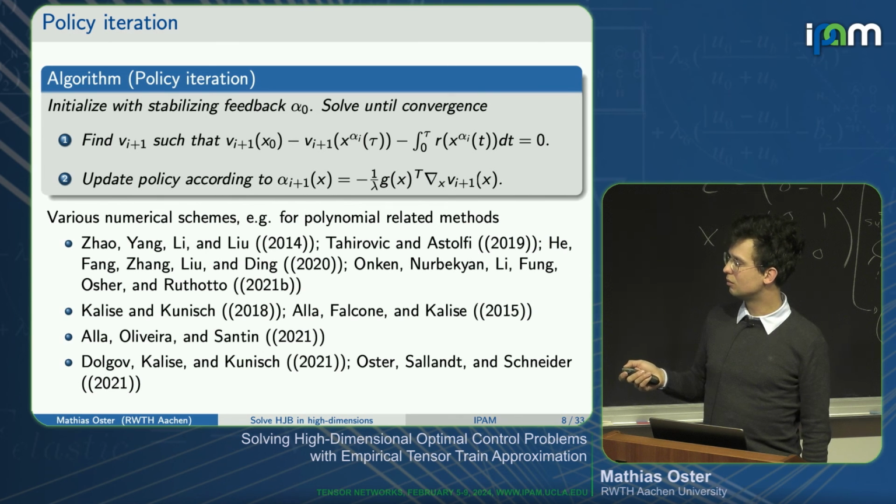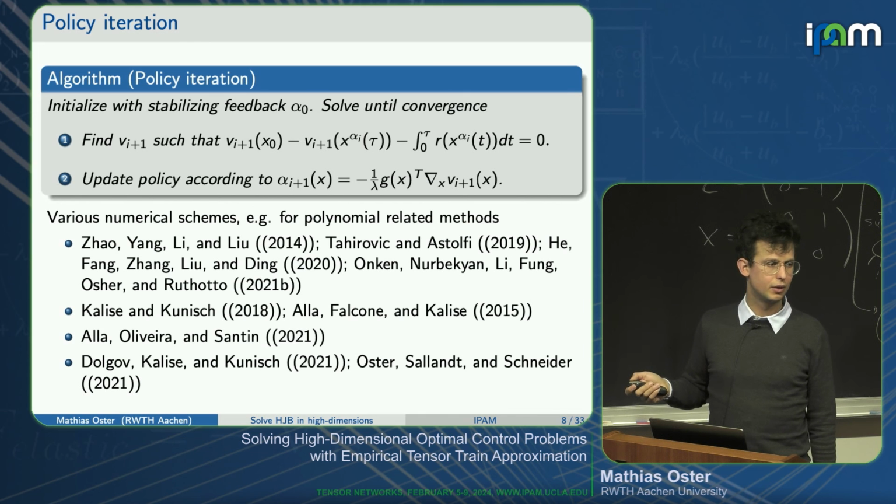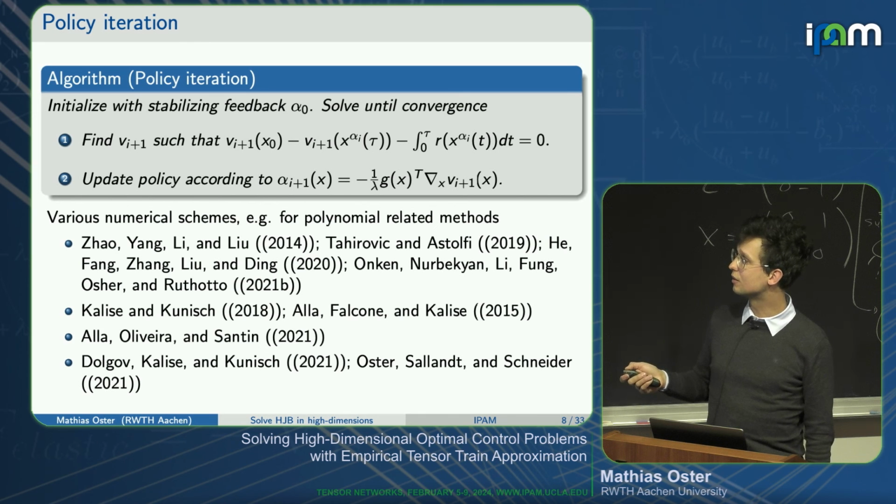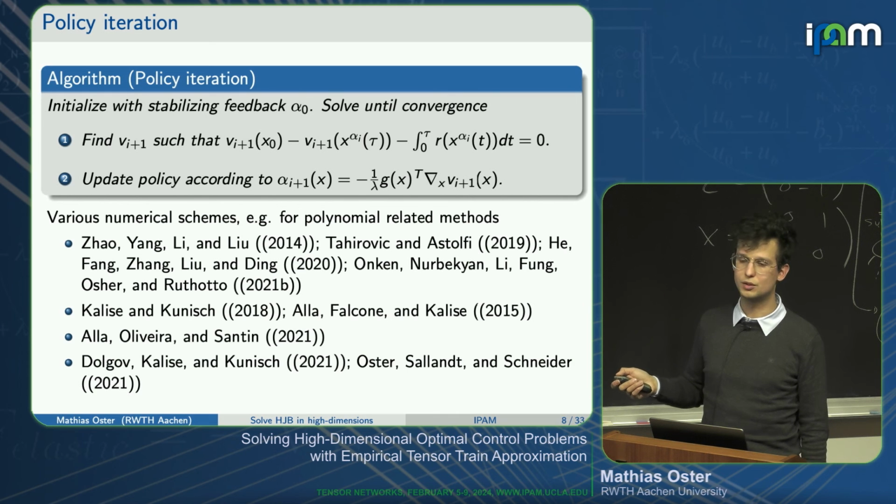And all methods in the last years that I am aware of, at least, use some kind of Galerkin or least squares scheme to solve this equation approximately. And then use neural networks, sparse polynomials, or tensor trains to solve this linear equation. And this is what we are also going to do.